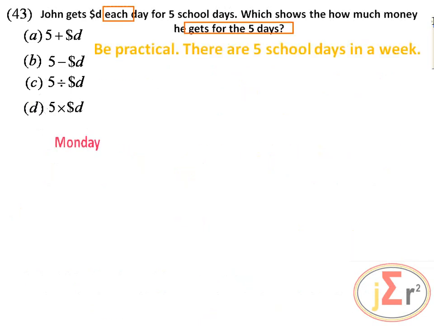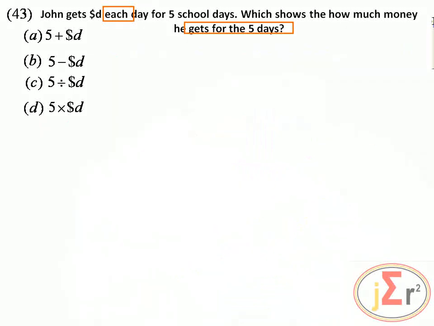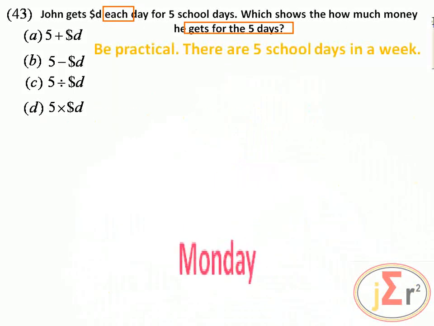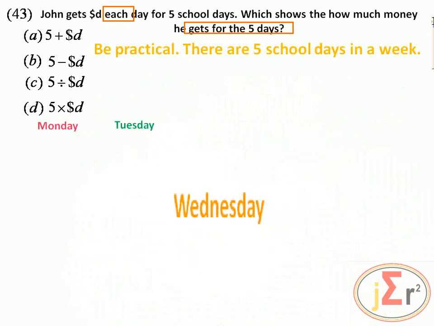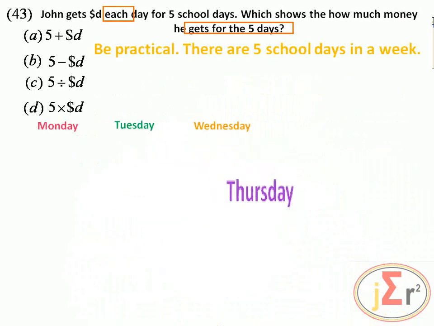Be practical. There are 5 school days in a week. How many school days do we have in a week, Jerry? 5. What are they? Monday, Tuesday, Wednesday, Thursday, Friday.